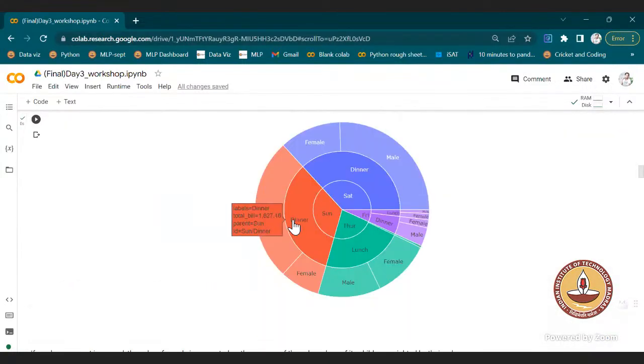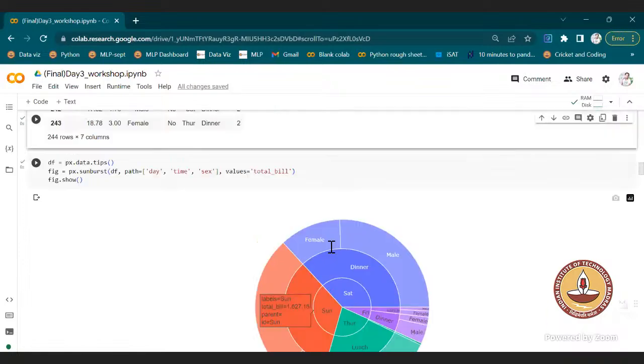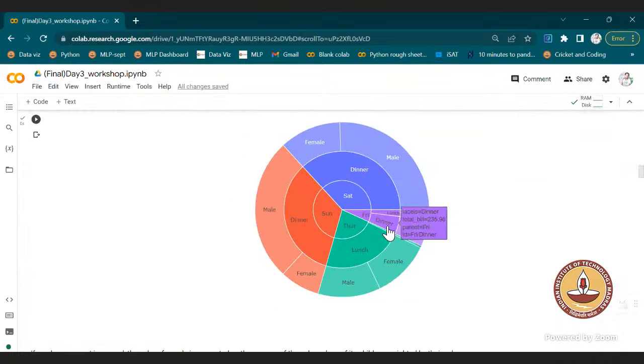But definitely, whoever has done the MLP course, it won't take that many lines of code, just 3-4 lines. You can explore these things. Whatever you see in this graph, just ask questions of yourself and do the EDA.